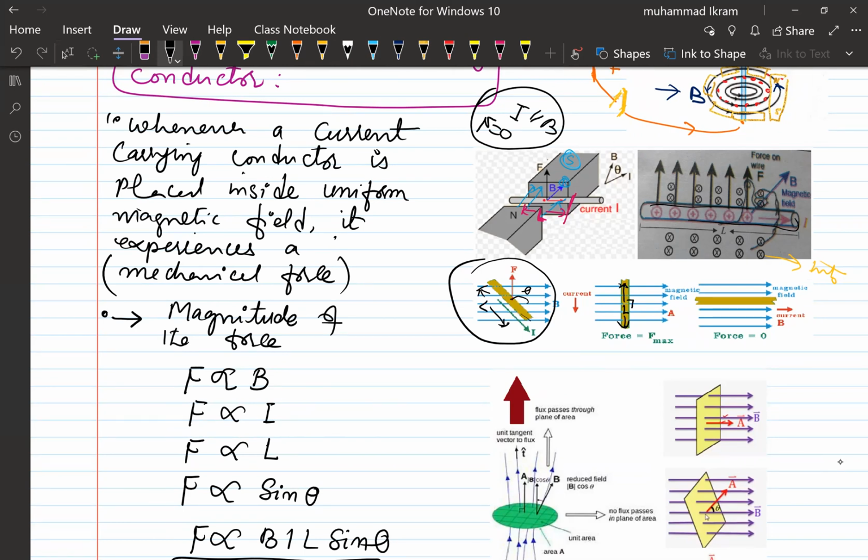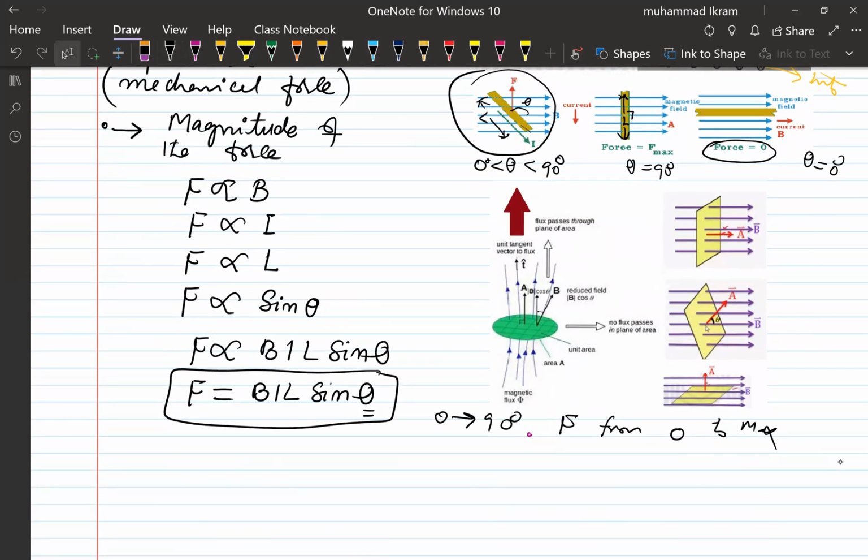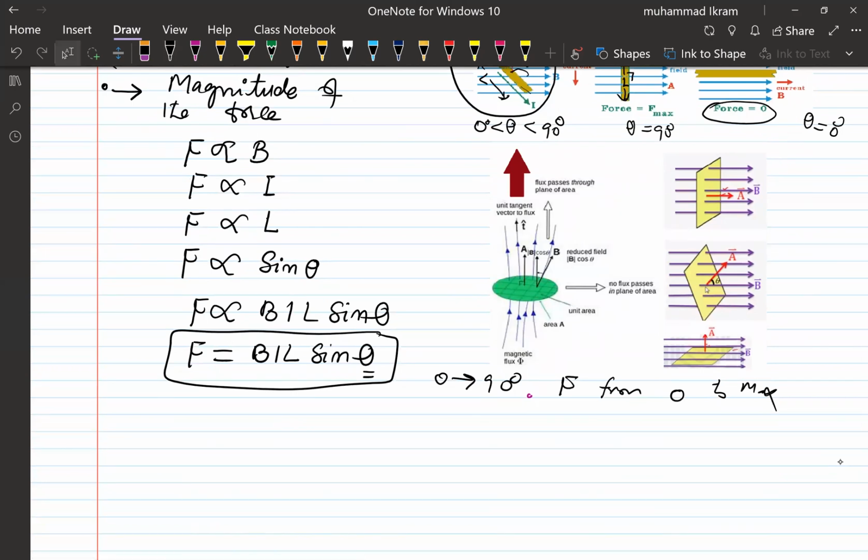Here it experiences no force because theta is 0 degrees. It is maximum because theta is 90 degrees. It is between maximum and minimum because theta is greater than 0 degrees but less than 90 degrees. So this is the force on a current carrying conductor inside a uniform magnetic field.